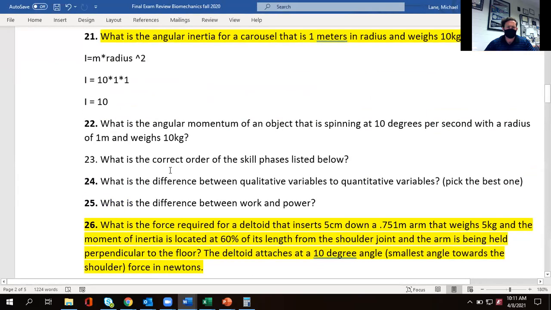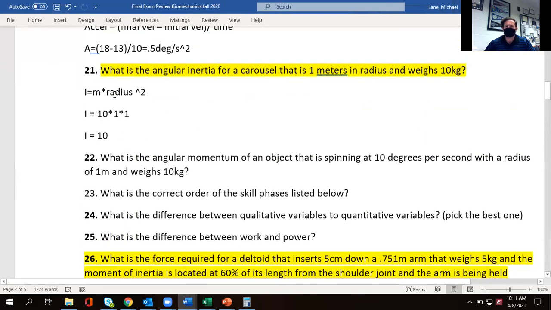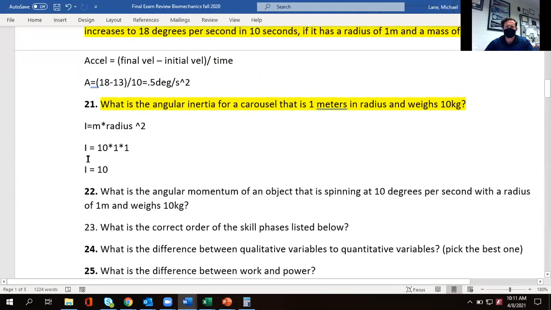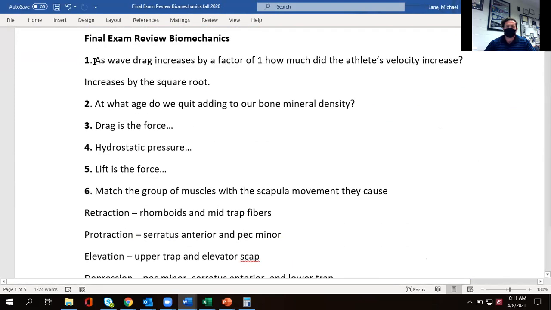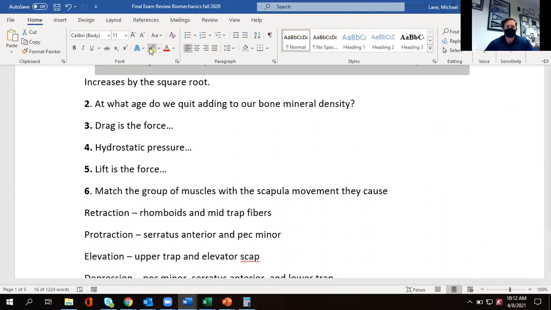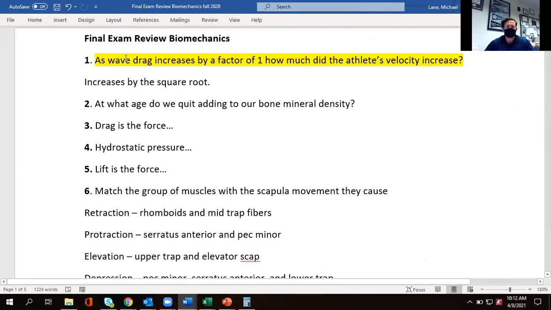Okay, 21. We already did 21. Okay. Wave drag increases by a factor of 1.